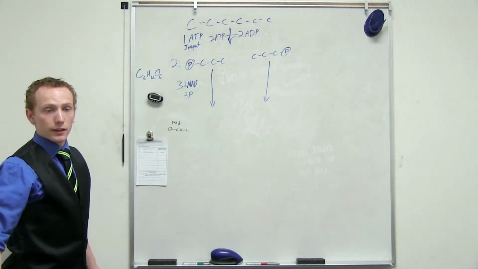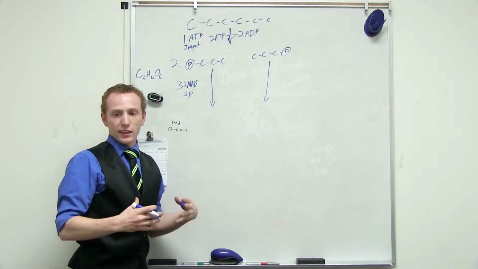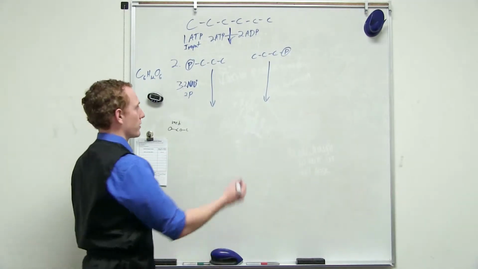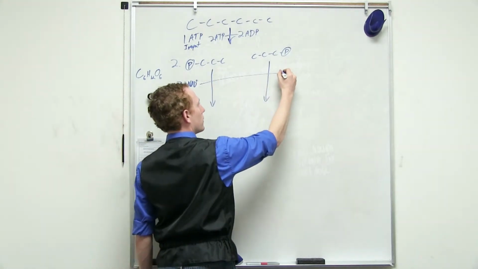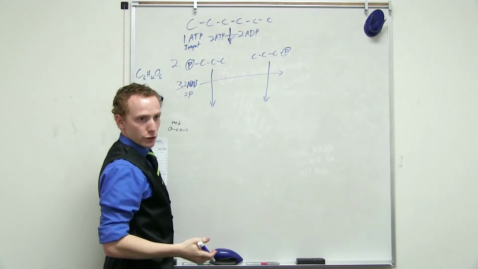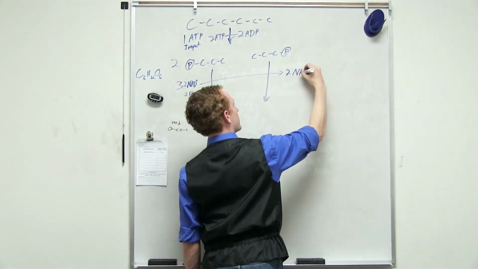You increase the attraction for the phosphates when you do this process. That's the basic idea. The two NADs each grab a hydrogen apiece, so they turn into two NADH.